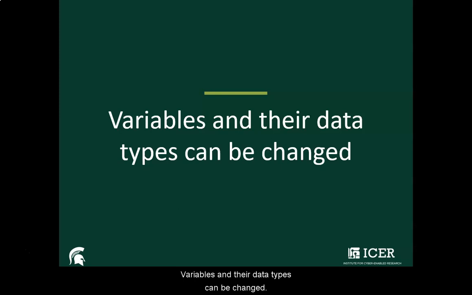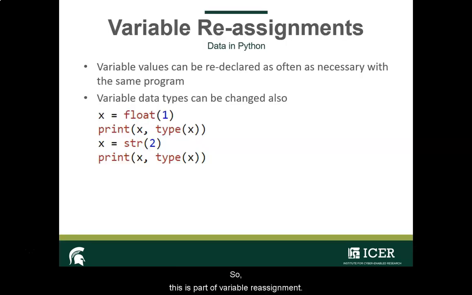Variables and their data types can be changed. So this is part of variable reassignment. Variable values can be redeclared as often as necessary in the same program. Variable data types can be changed also. So let's say I defined lowercase x as a float 1.